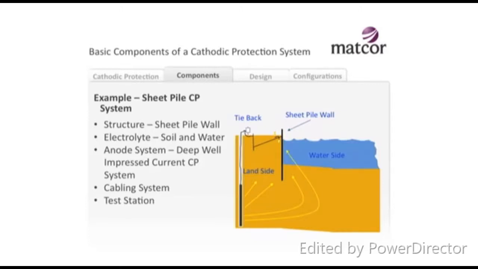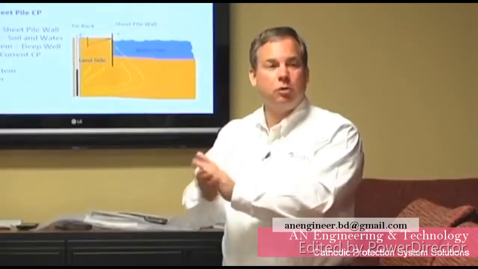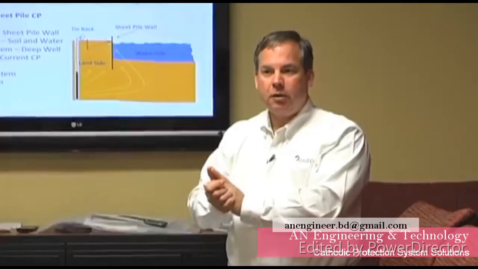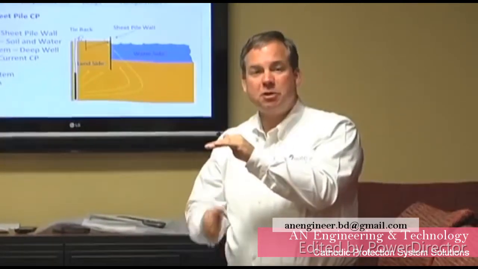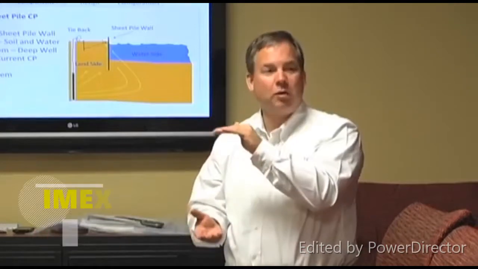We've got this seawall structure, and there's actually a couple of places we're concerned about. There's the land side of the seawall, where the sheet pile is driven into the land and you have soil side corrosion. There's the very bottom of the sheet pile, which is in soil on both sides because it's below the water level. And then there's the area where the water is.